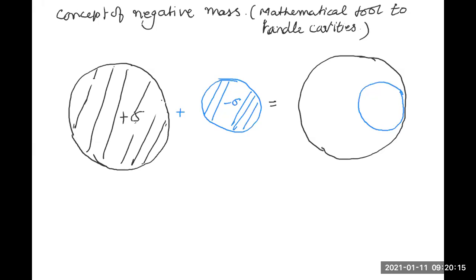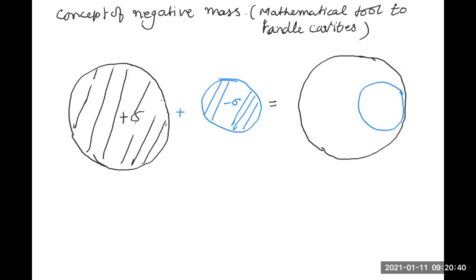Now this itself is physically impossible. How can you put one solid disk inside another solid disk? But again, like I said, this is just a mathematical tool, and there is nothing real about negative mass. So just bear with me, and I hope you will understand the purpose of this exercise.